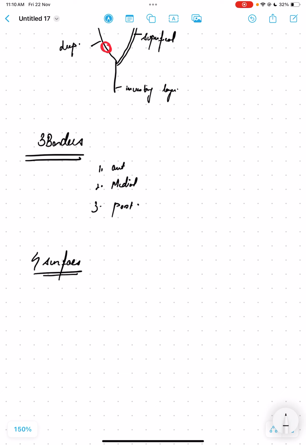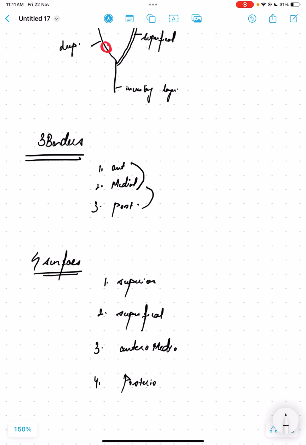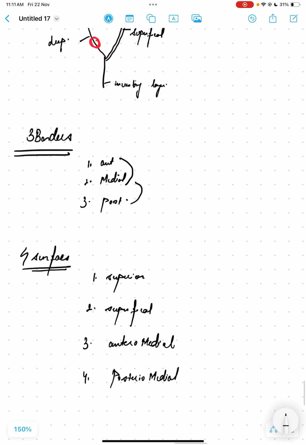What are the four surfaces involved? Firstly, the superior surface, then the superficial surface, then, as per the name suggests, the anterior-medial surface, and the posterior-medial surface. The three borders are the anterior, medial and posterior borders, and the four surfaces are the superior surface, superficial surface, anteromedial and posteromedial.